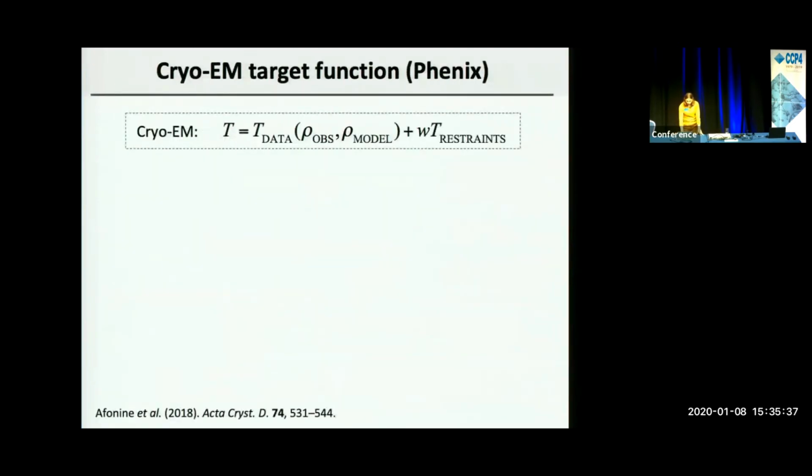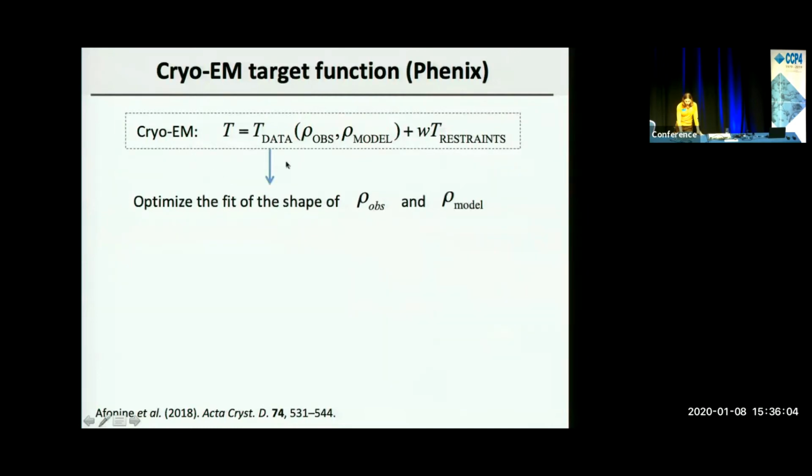So the target function is a sum of a data term and a restraints-based component. So the data term represents the model to data fit, and the second term here, the restraints-based term, incorporates a priori information about the model. So let's focus now on the data term.